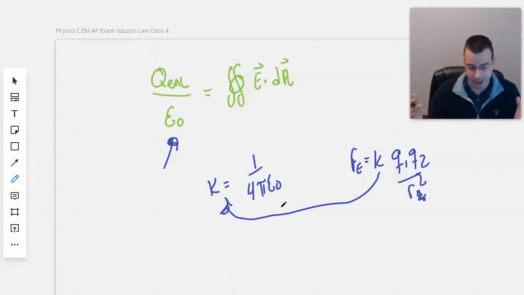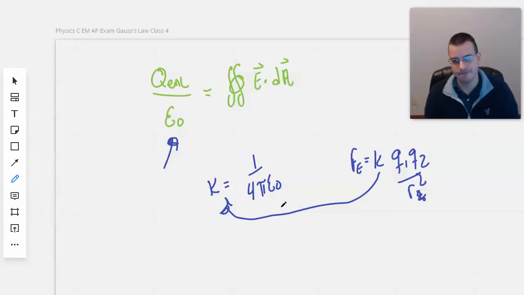And your thought process might be, why do they have such a simple change in symbols? Well, they're adding complexity without reason. It's just science with more steps. Probably true. That's kind of what I've come across. I assume there are historical reasons why they've always used K for one thing, epsilon naught for another.